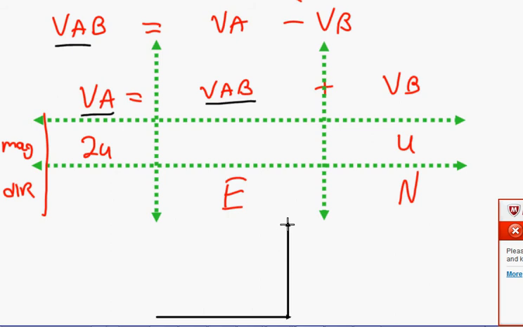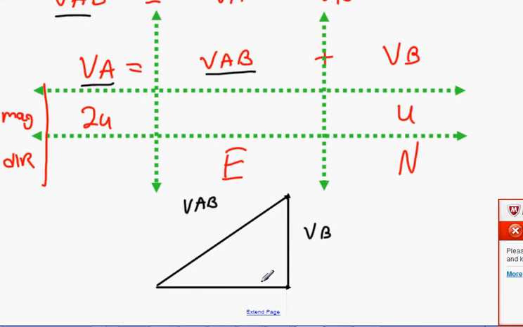North. And then we have phi A here. Phi A is going up this direction to intercept, and phi AB going to the right.